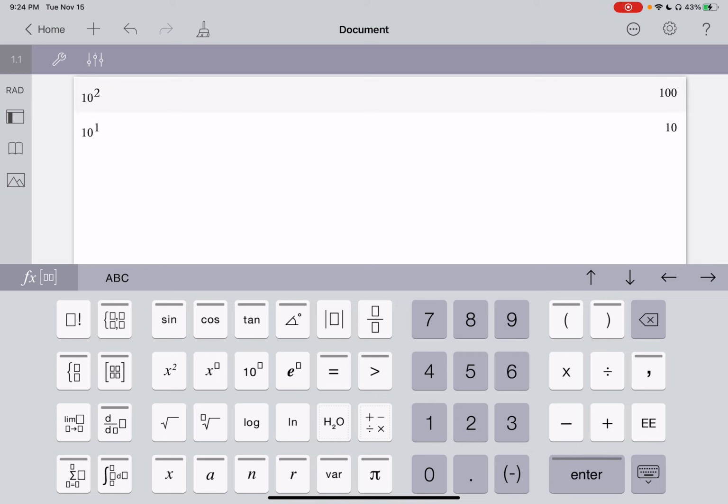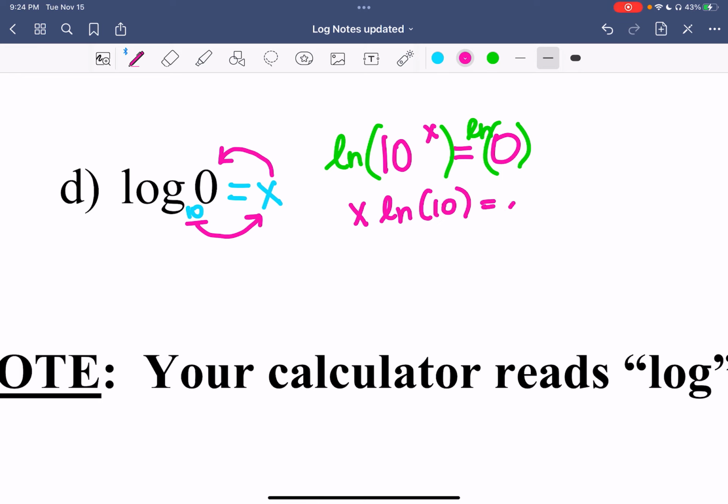What that does is bring the power of x to the front so that you're able to solve for it, and then you're left with x times the natural log of 10. All it does is take this and bring it to the front. So 10 goes inside the natural log, and that's equal to the natural log of 0.